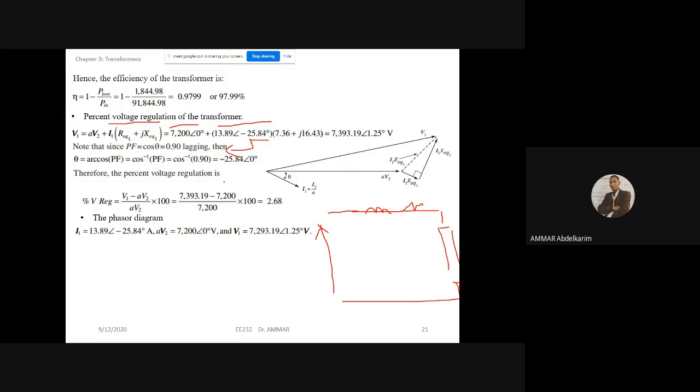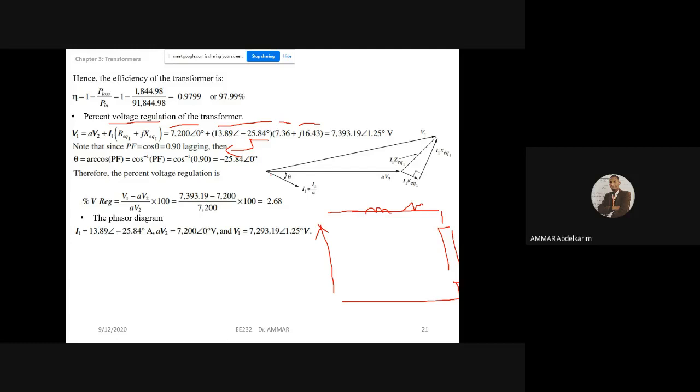So the angle, the cosine inverse of 0.9, is 25, and the values of R equivalent and X equivalent have been determined from the previous tests.